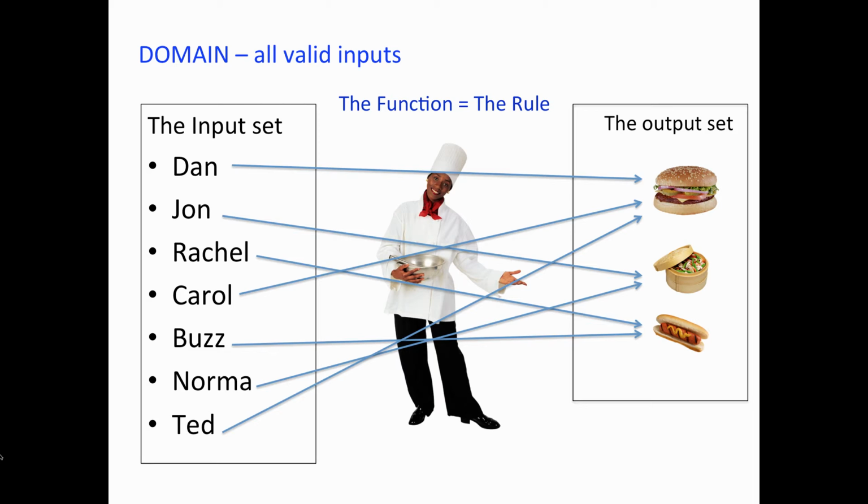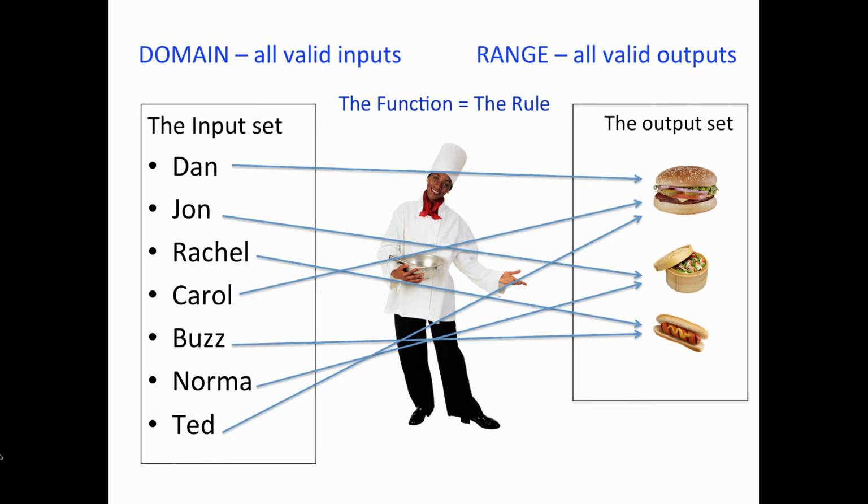By valid input, in this case we mean the list of students who were invited to and ordered food at this picnic. Other students who are not on the list are not valid inputs, and that's okay, they're just not in the domain. So once again, the domain is the set of all inputs.